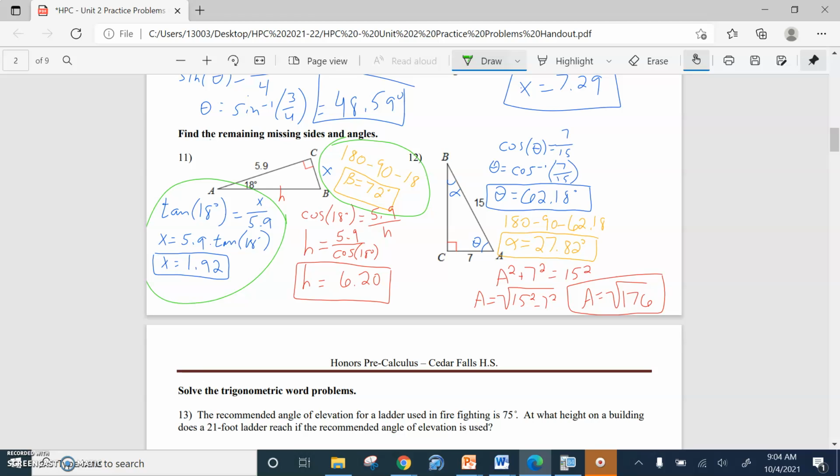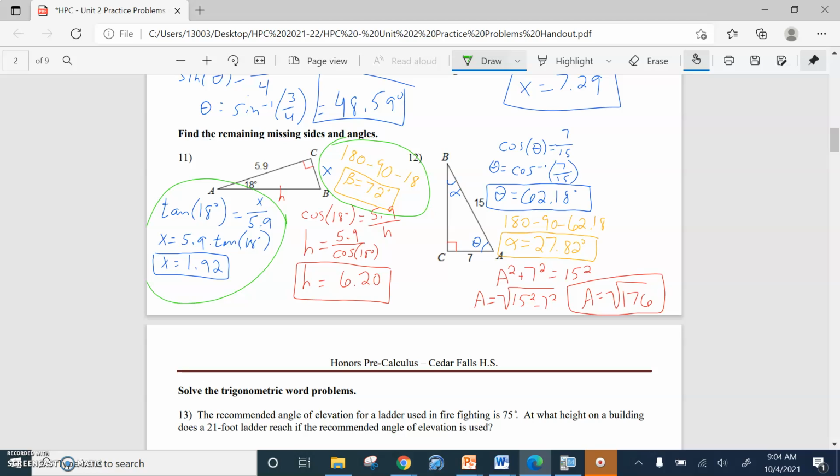So then the last thing we have to do is side C, or the hypotenuse. And in this regard, I used cosine of 18, because in cosine I'm going to have my two exact values, 18 and 5.9, and then my unknown is going to be the hypotenuse this time.